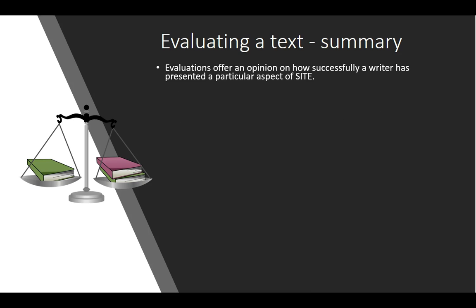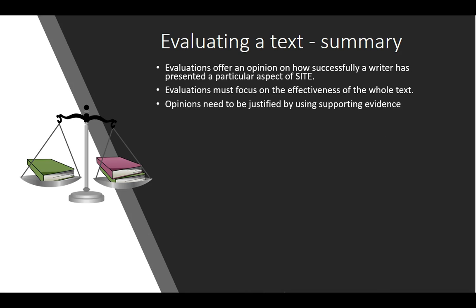Evaluation offers an opinion on how successfully a writer has presented a particular aspect of sight. Evaluations must focus on the effectiveness of this in the text as a whole, rather than getting bogged down in individual sections. The opinions being offered have to be justified by using supporting evidence.